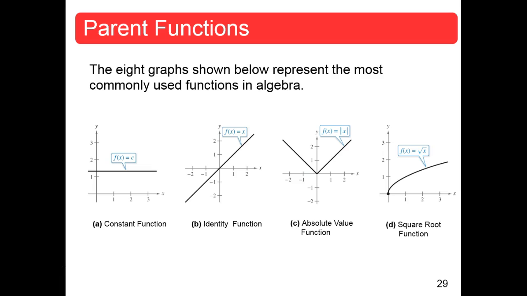Symmetry: no, it doesn't have symmetry. Even or odd? Neither. That's one of your neither functions. X-intercept: 0, 0. Y-intercept: 0, 0. Very good.